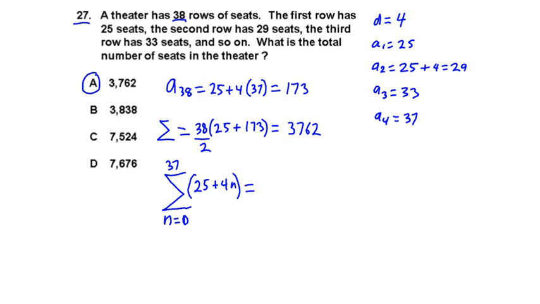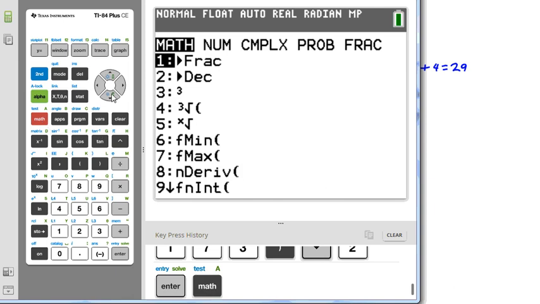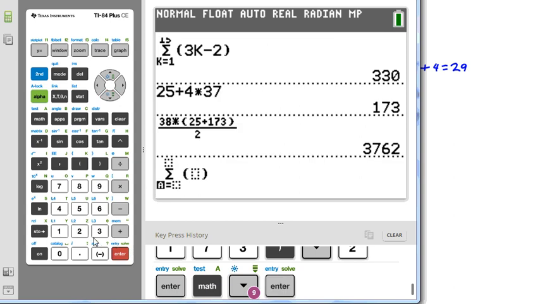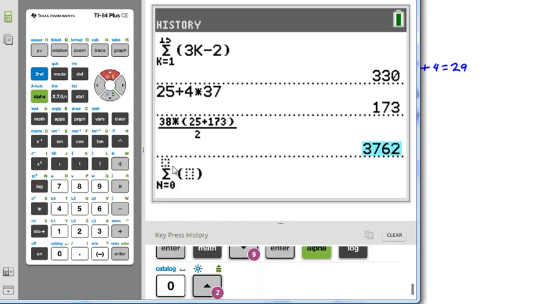It's the same thing. Going to our calculator, we get our sigma by pressing math, and we can go down to summation, and we're going to start out with n equals 0, all the way up to 37.